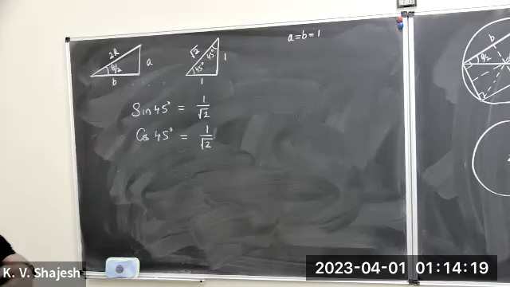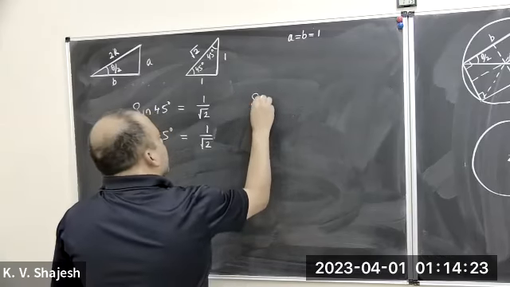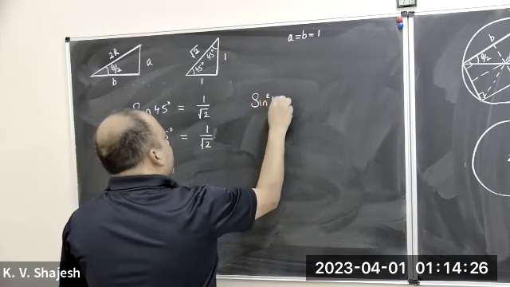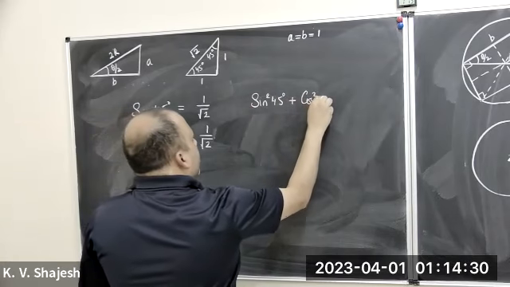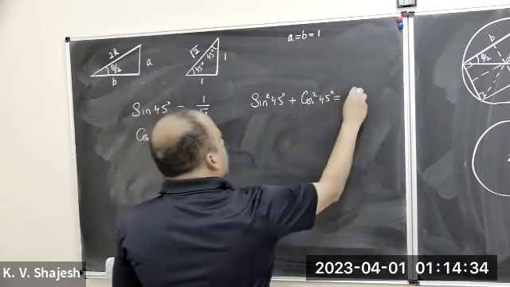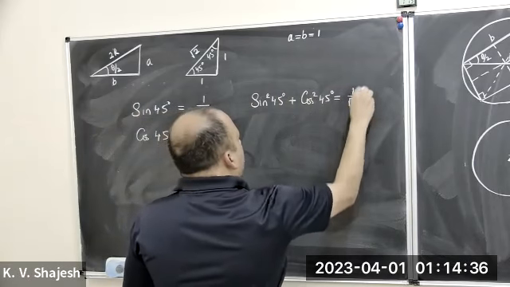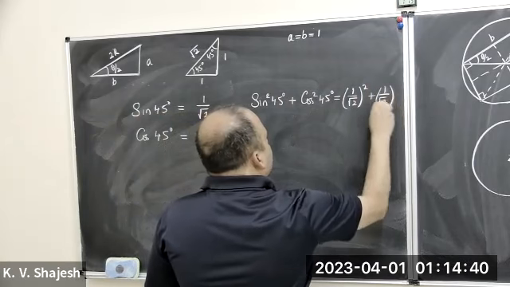And remember, we also have an identity, right? So sine squared 45, is that really true? Let's check this. Sine squared 45 degrees plus cosine squared 45 degrees is equal to (1 over √2) square plus (1 over √2) square.